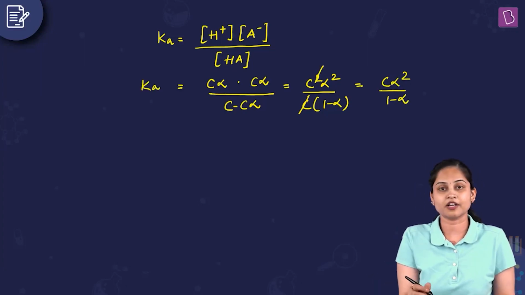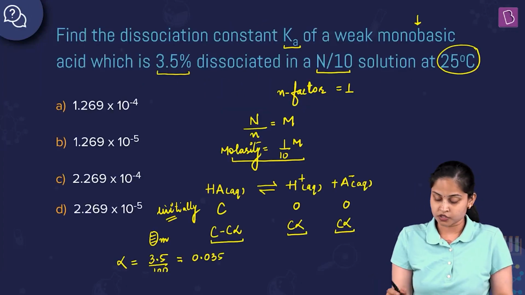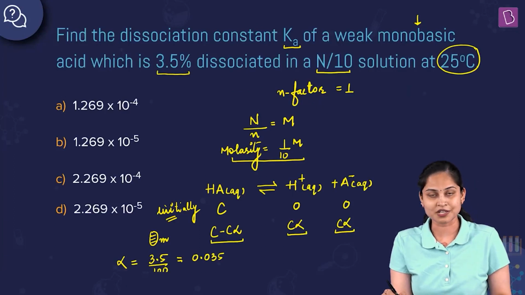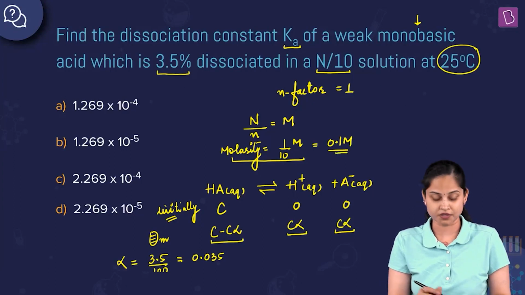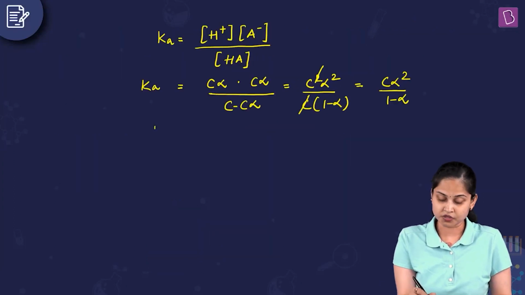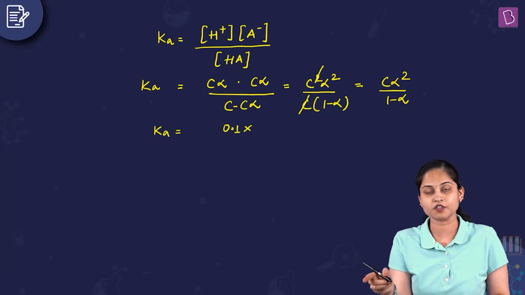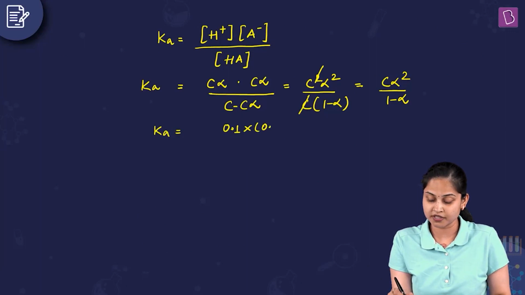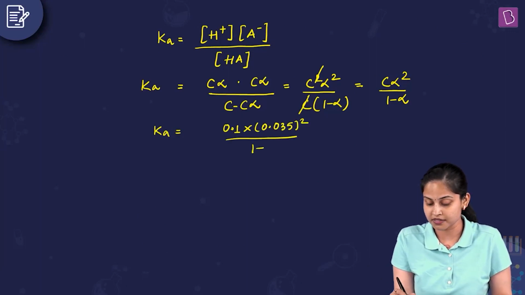Now what is the value of concentration C? The concentration value is given to us as 0.1 molar. Okay, substitute it. So Ka is equal to 0.1 multiplied by the value of alpha, the degree of dissociation, which is 0.035 whole square, divided by 1 minus 0.035.